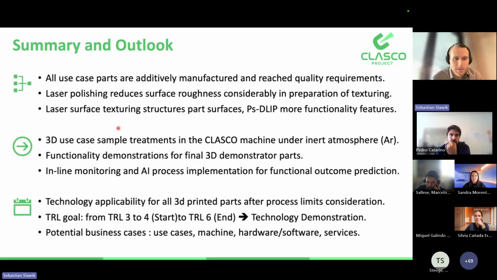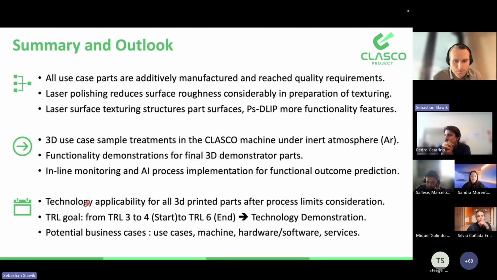The next steps will be that the completely 3D use case samples will be treated in the machine under inert atmosphere. We will demonstrate the functionality for the final parts, and inline monitoring and the AI process implementation will be further implemented also for prediction.